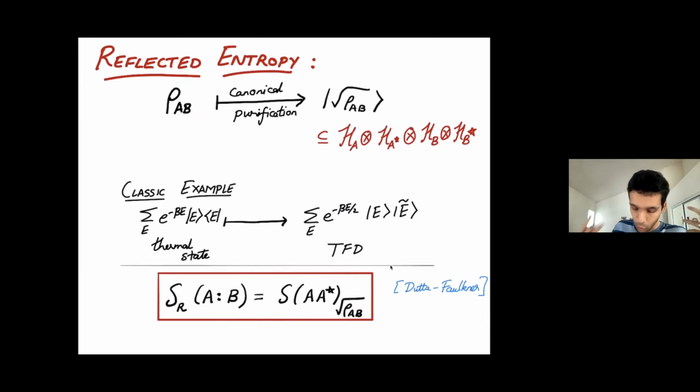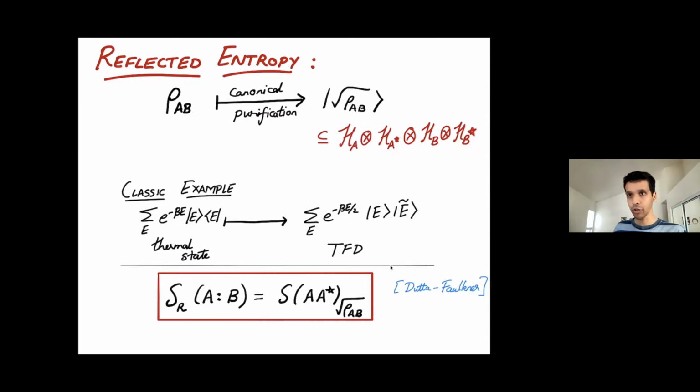The Hilbert space of operators on AB is isomorphic to a double copy of the Hilbert space. So we have H_A tensor its doubled copy H_A star, and H_B and its doubled copy H_B star. Now we can interpret it as a state living in this Hilbert space, which in particular, if we trace out the factors A star and B star, gives us the density matrix rho AB.